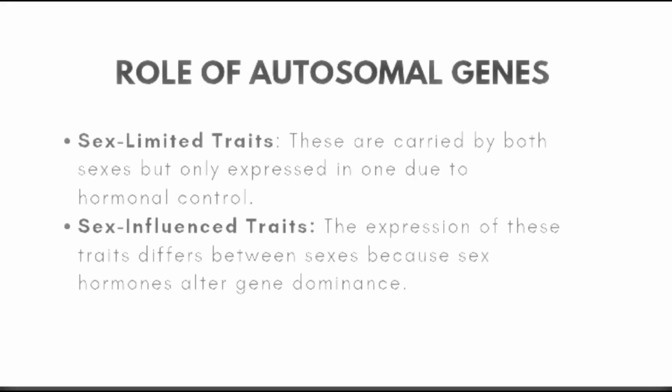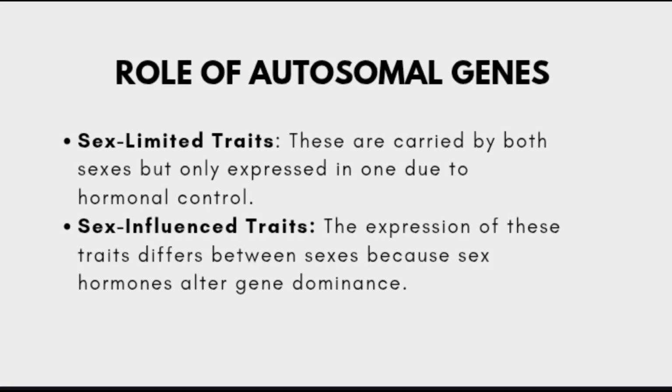Now let's have the role of autosomal genes in sex-limited traits and sex-influenced traits. In sex-limited traits, these are the traits that are carried by both males and females, but they are only expressed in one sex because of hormonal control. For example, milk production in female mammals.